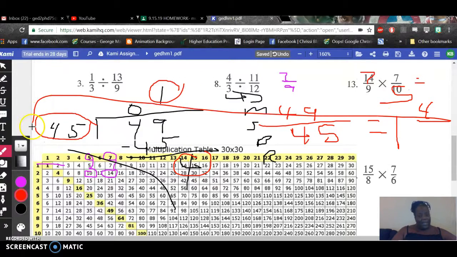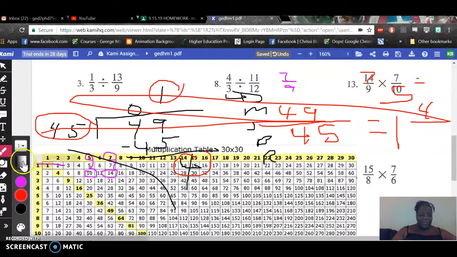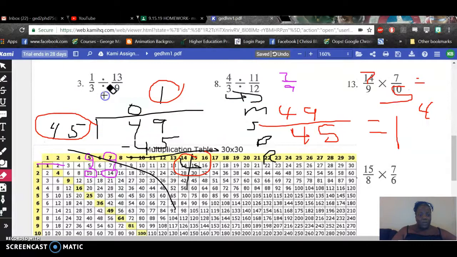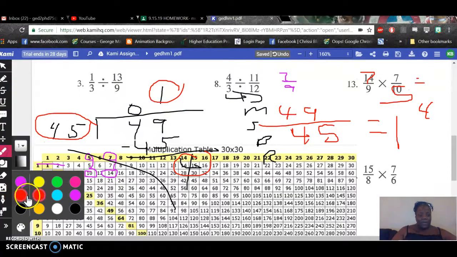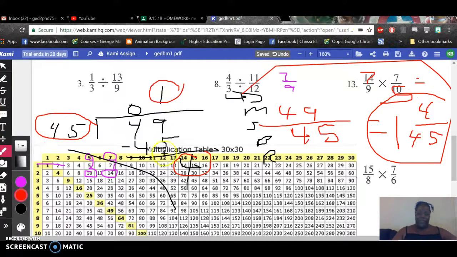And what's outside the house becomes your denominator. So that's 45. So for our final answer, we have 1 and 4 over 45.